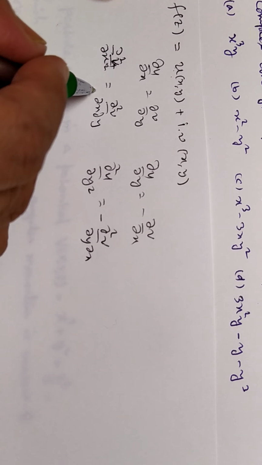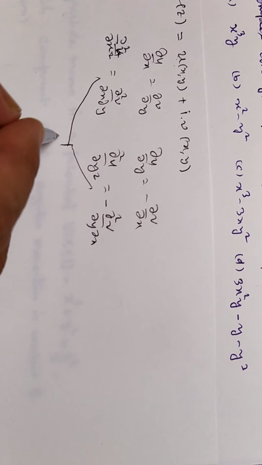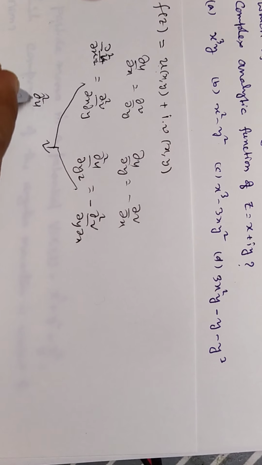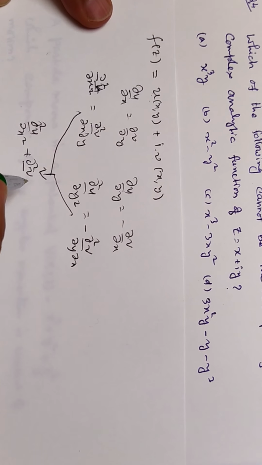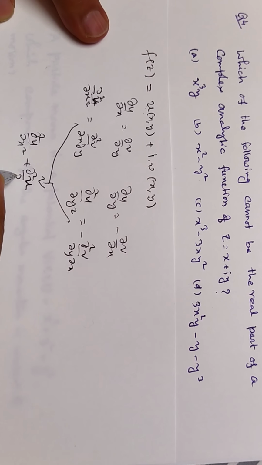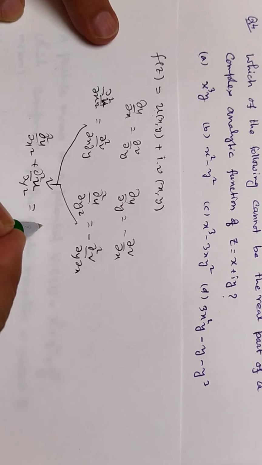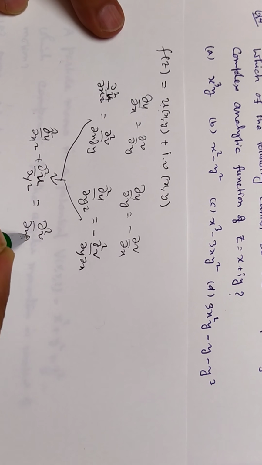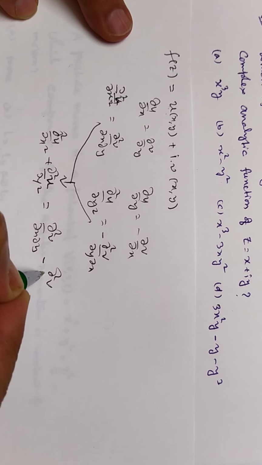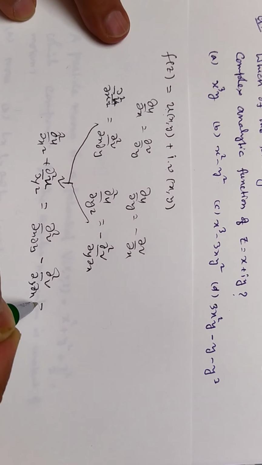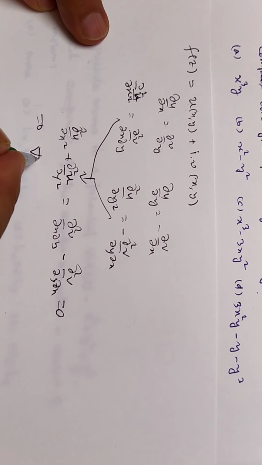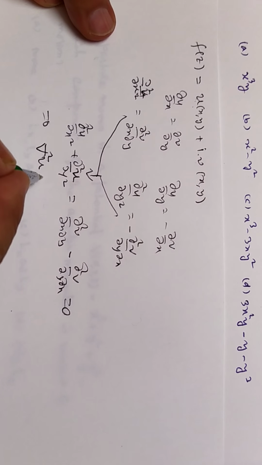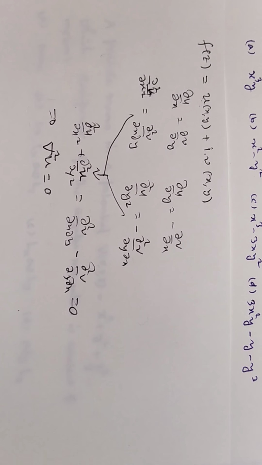Now if you add them, then del 2u by del x2 plus del 2u by del y2 equals del 2v by del x del y minus del 2v by del y del x, which equals 0. That means u has to be harmonic.